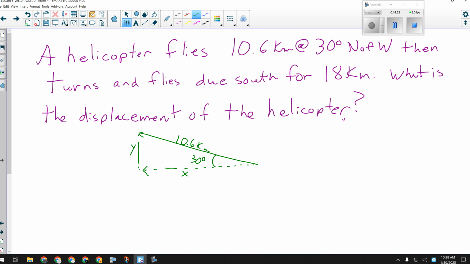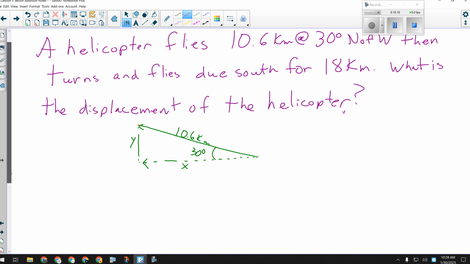Now, the next vector goes where? We always draw them tail to head, right? So the second vector has to go here on the head of the first one, and it's 18 kilometers south.